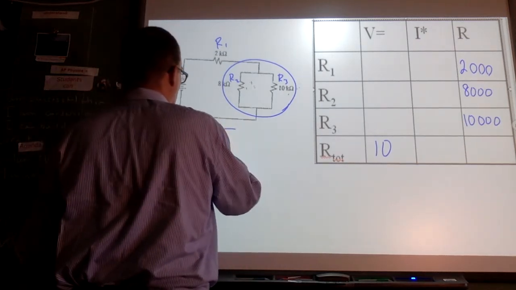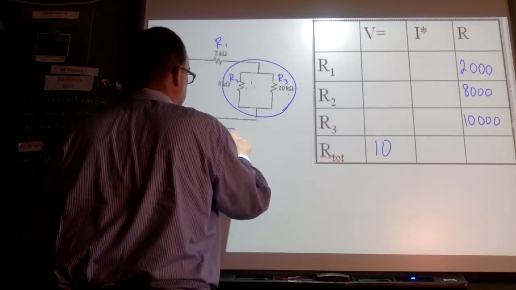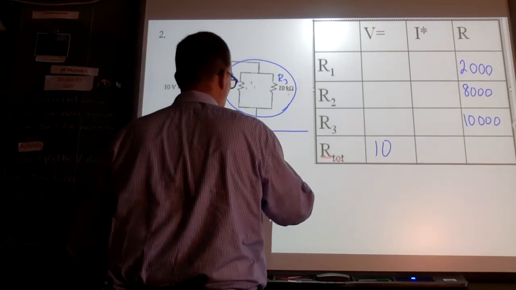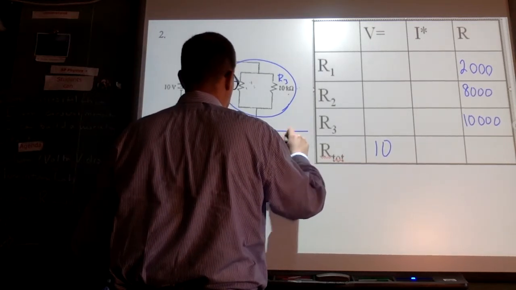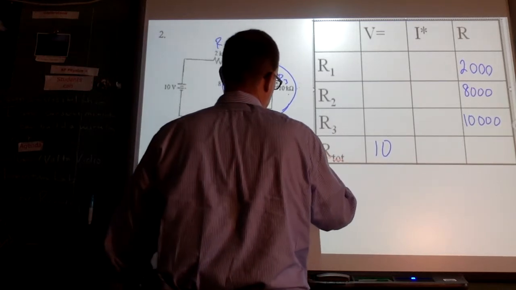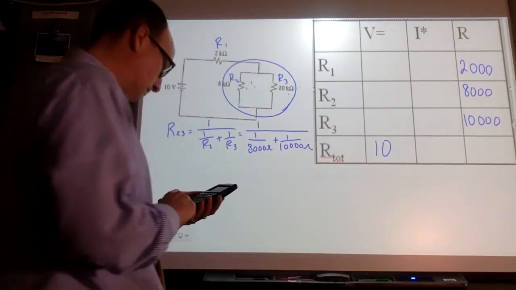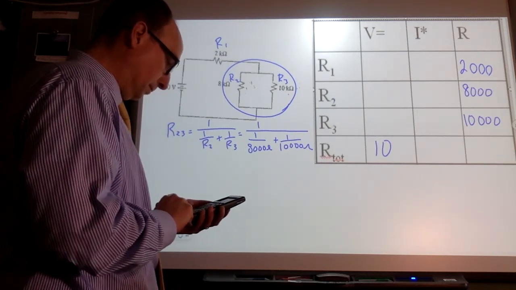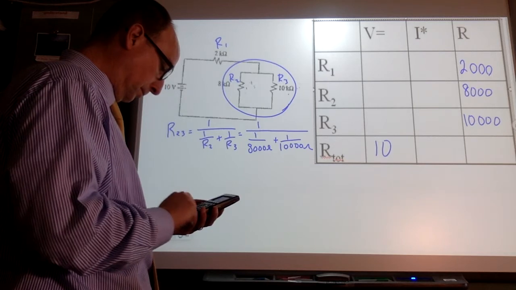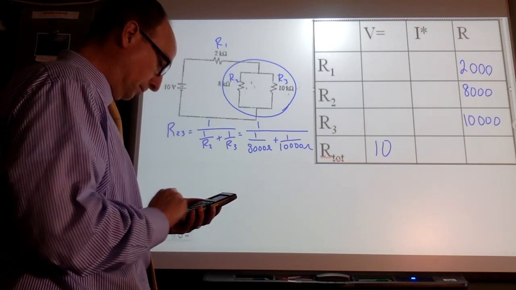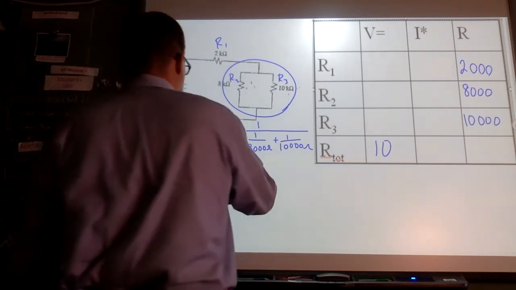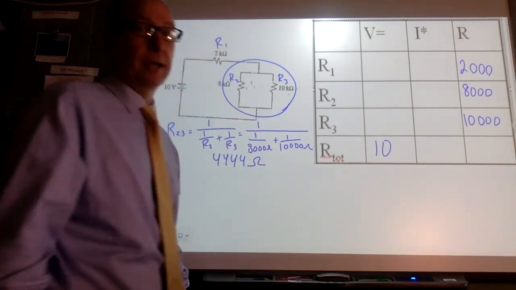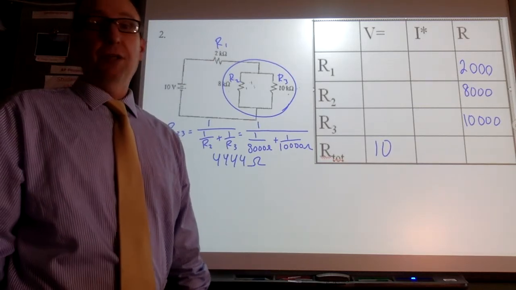So this is going to be 1 over R2 plus 1 over R3. So I have 1 over 8,000 plus 1 over 10,000. And I have 4,444 point repeating fours. Where does this go in my chart?